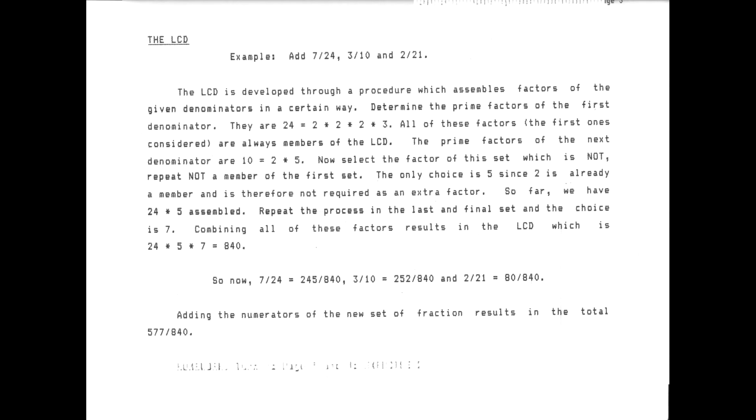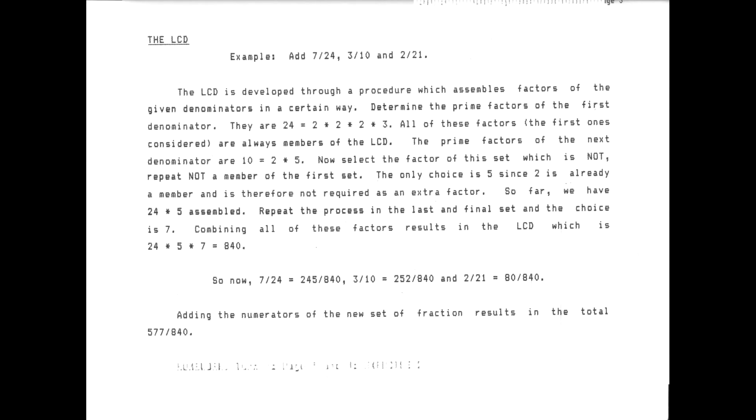Underneath this list, write the letters LCD. The first set of prime factors of the first denominator 24 will be in this list. So write down 2 times 2 times 2 and 3.